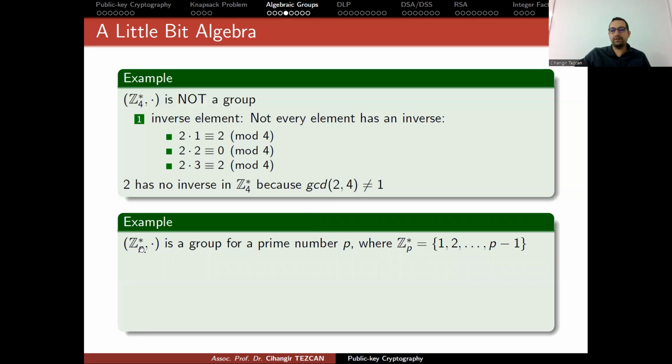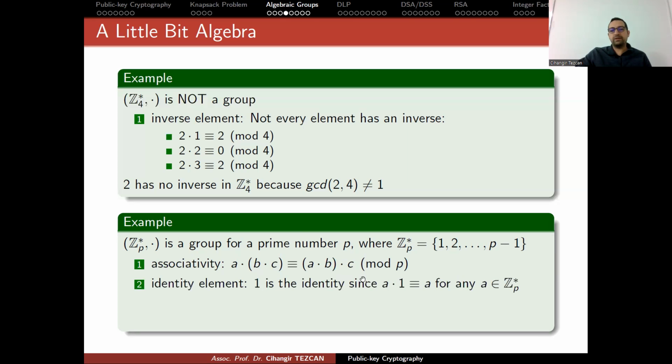So let's think about ZP star with the multiplication operation. This time I'm going to say that this is a group, but I'm fixing P as a prime number. Okay. So ZP star is a set that goes from 1 to P minus 1, and P is a prime number. It satisfies associativity.